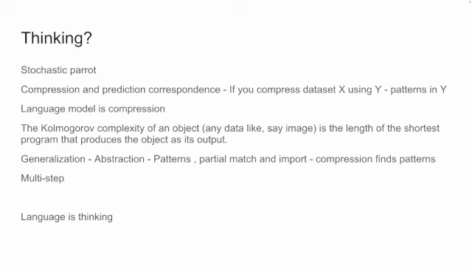So once you have found the patterns, we know through self reflection that we do a few more things. For example, we try to generalize, we try to create abstractions, and through this we get more and more patterns, and then we try to partially match patterns from one to another, and then import parts of it.